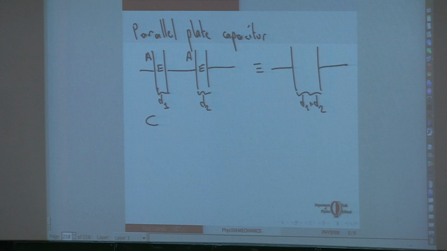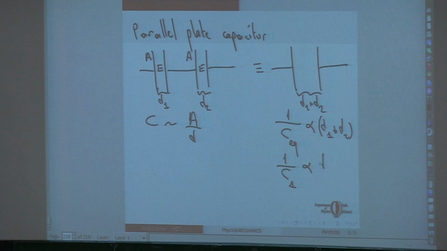But we know that C for a parallel plate capacitor is proportional to the area over the distance. So, 1 over the capacitance of this one, which is proportional to D1 plus D2. 1 over capacitance 1 is proportional to D1. 1 over capacitance 2 is proportional to D2.